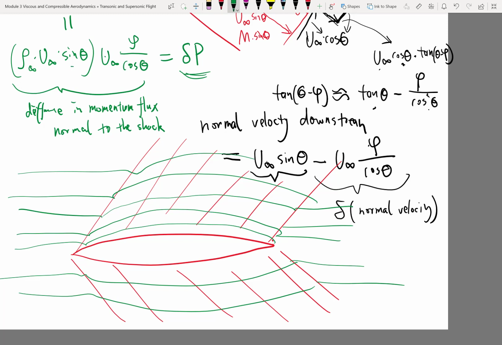Okay, and from this angle, you would know exactly what is going to be the pressure at the upper and lower sides of this airfoil.